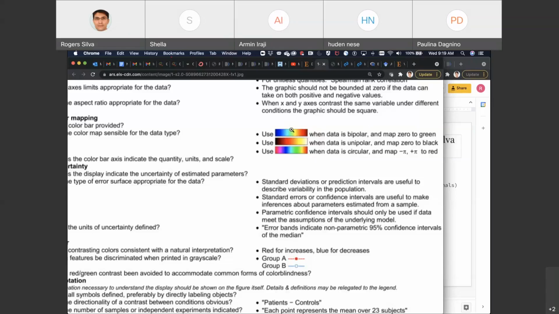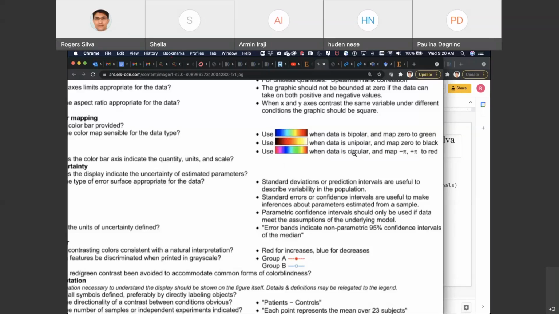So right at the middle of the color bar is important. Having your color bar be symmetric, I would say, is a really important one that many times is missed. If the data is unipolar, meaning it only has positive or negative values, then you would use something like this. A color map that indicates only one direction, from dark to bright. It could be hues of blue, for example.